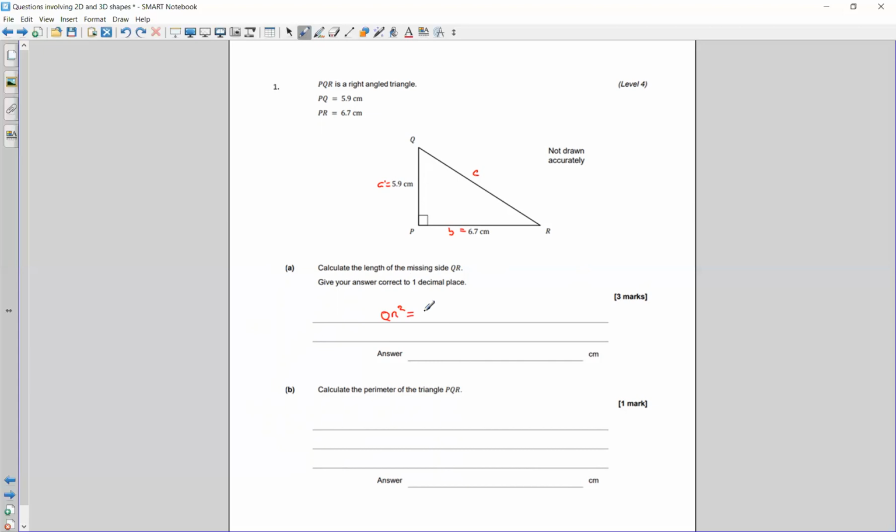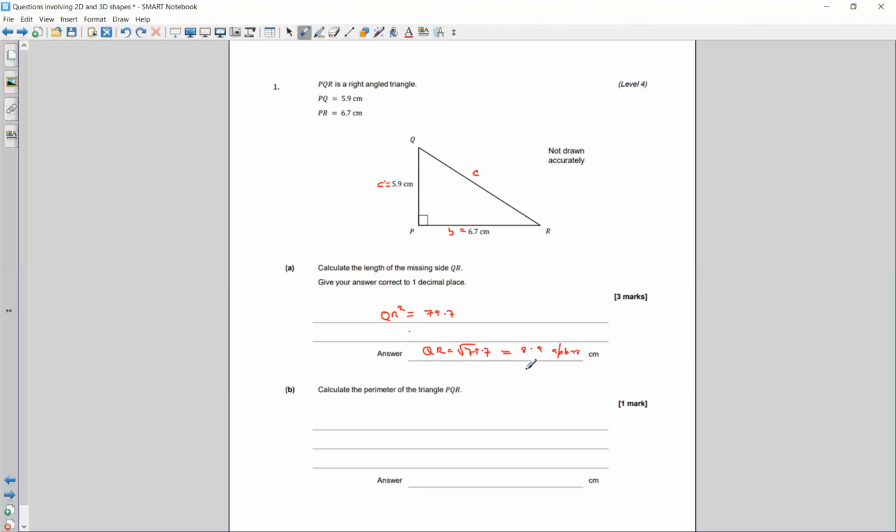That would have given you 79.7, if you use the calculator. And therefore, QR would be the square root of 79.7, which is equal to 8.9 approximately. Okay. In order to work out the perimeter, what you would have done is add all the sides.